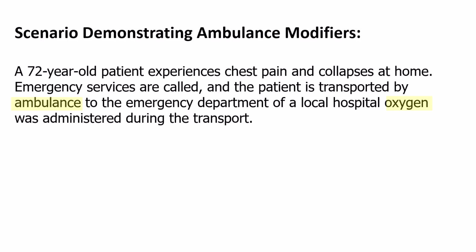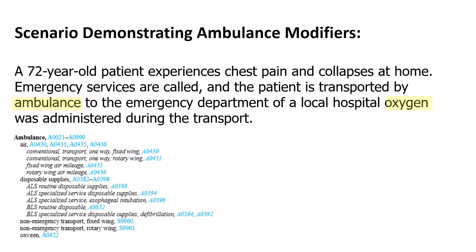So we have an ambulance and also oxygen was administered during the transport. So let's go ahead and look up our main term in the alphabetic index. And in alphabetical order, we're going to find ambulance. And it directs us to code series A0021 through A0999.